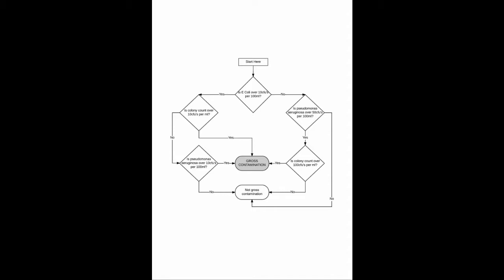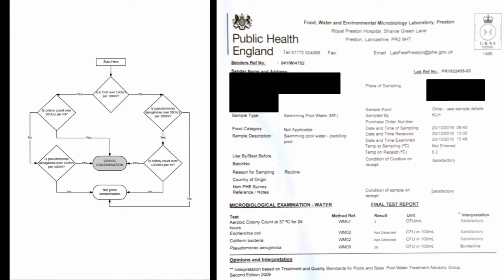You've got your test report to hand, and you look at the first question, and it says, is E. coli greater than 10 colony forming units per 100 ml? Using this report as an example, we can say, well, no, it isn't, because there's none detected.